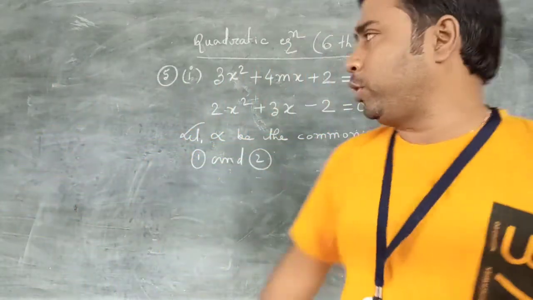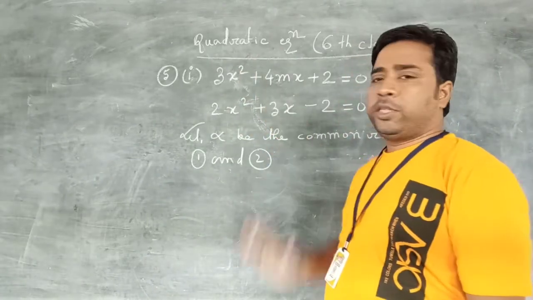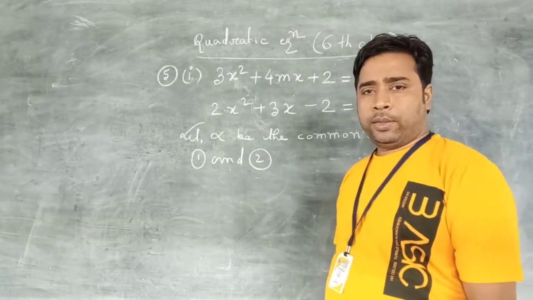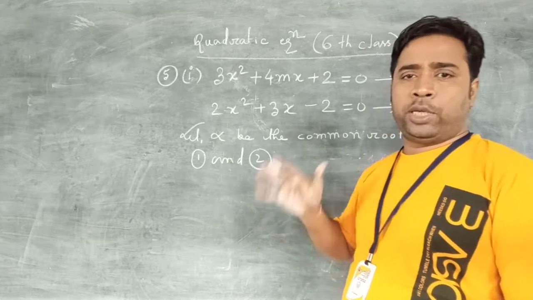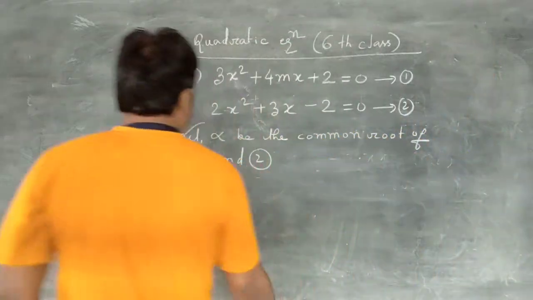So what is the meaning of this? That means in place of x we can put alpha, because a root is a value of x. So let us put it.